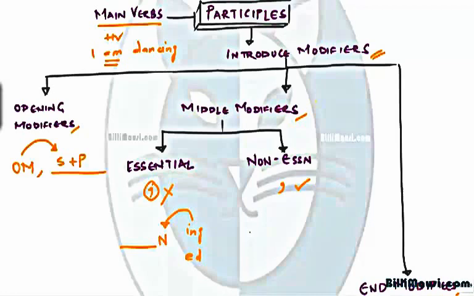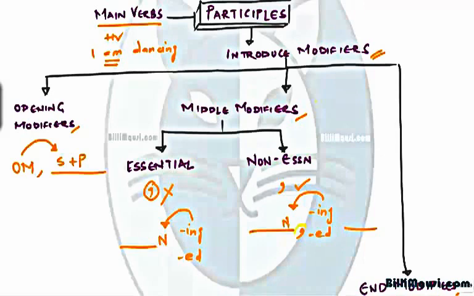In this case, we can give a diagrammatic representation as such: a comma, ing or ed. These two represent the modifiers, the participles, and they refer back to the immediately preceding noun. So I hope it's clear to you.